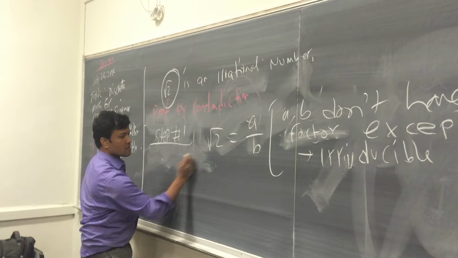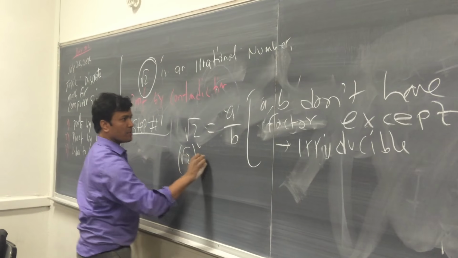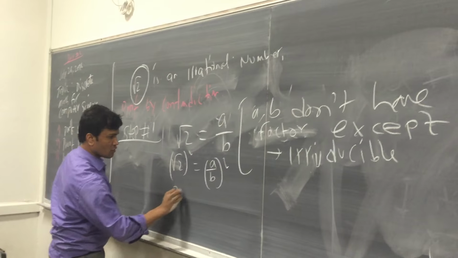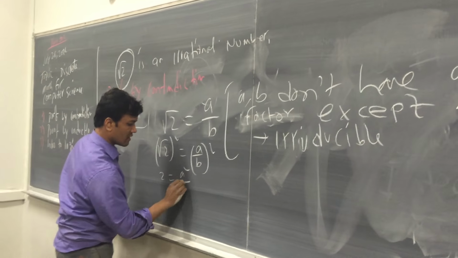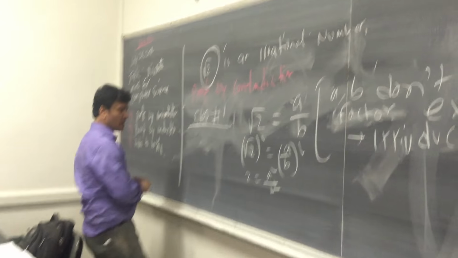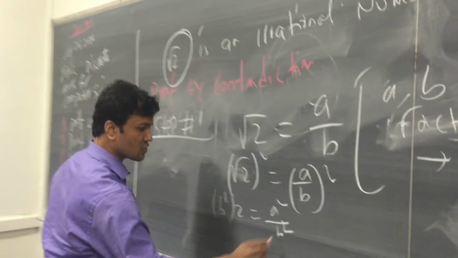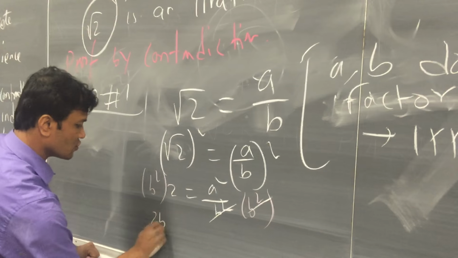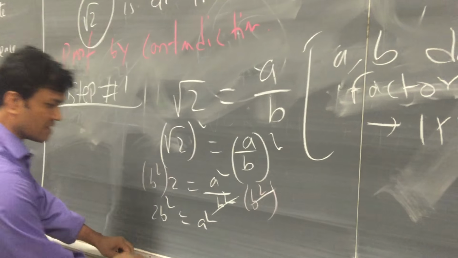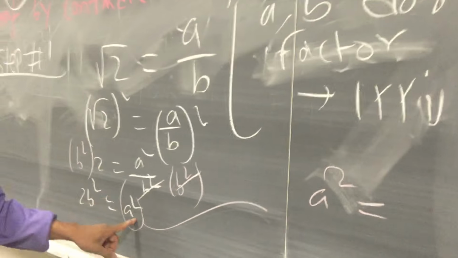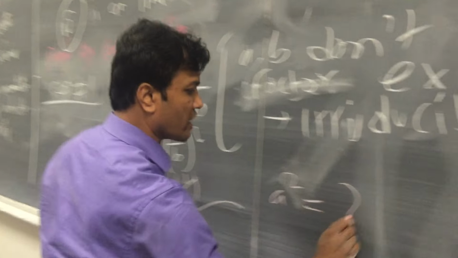Now we're gonna square both sides. So 2 equals a squared over b squared. Now we're gonna cross multiply, or we're just gonna multiply both sides by b squared. If we do that, 2b squared is a squared. Now let's take a look at a squared. A squared is 2 times b squared.